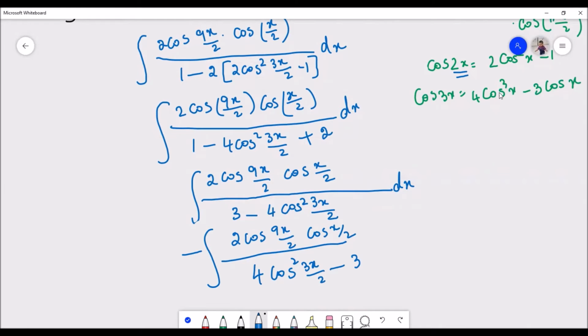So I want to use this formula: 4 cos cube I want, and 3 cos x I want.